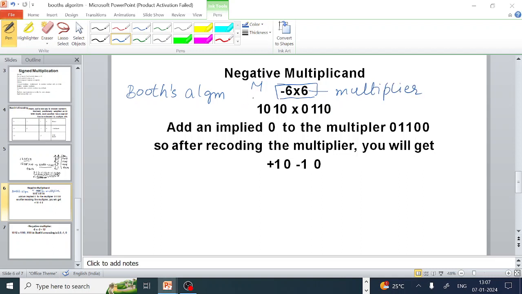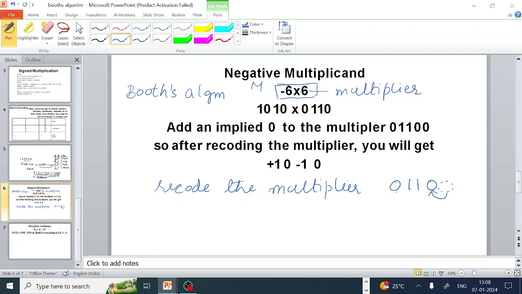Now I have to always remember one thing: you're supposed to recode the multiplier. So what is the multiplier?